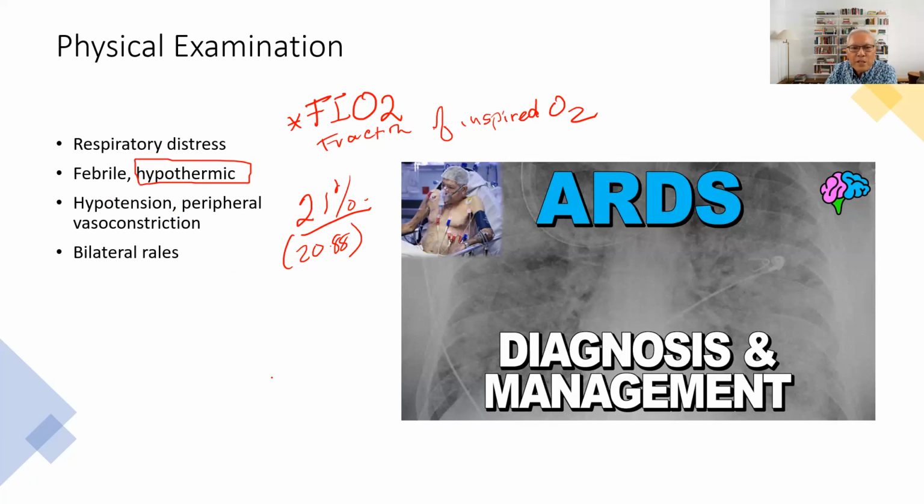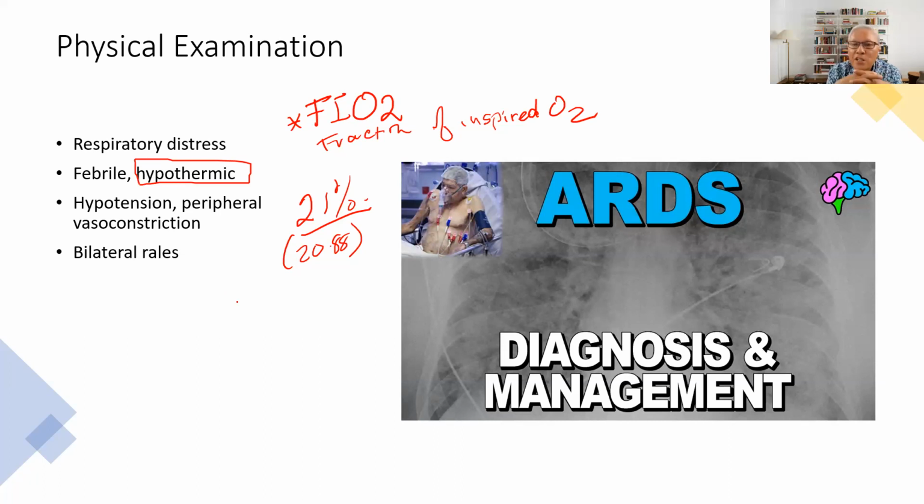Well, in sepsis, because of all the inflammatory mediators that are released, what happens is that the temperature control regulation of the hypothalamus is going to be messed up, and therefore the patient may be hypothermic. Okay, so just because a patient doesn't have a fever does not mean to say that they do not have any infection. So in fact, you could be hypothermic and have sepsis.